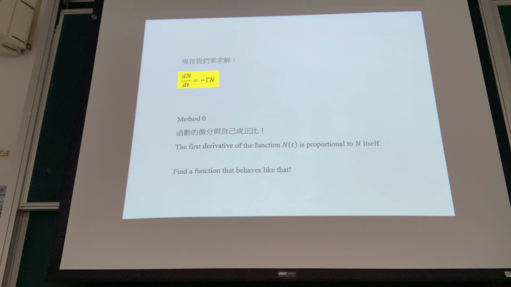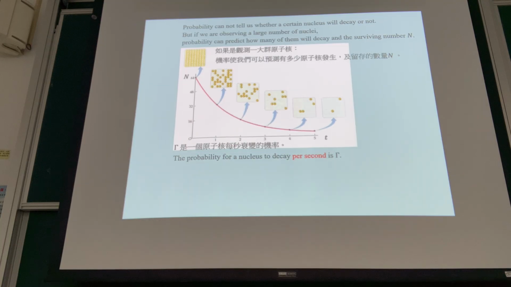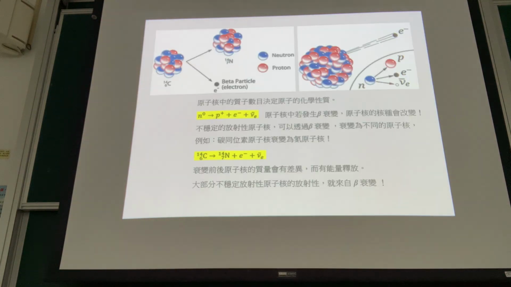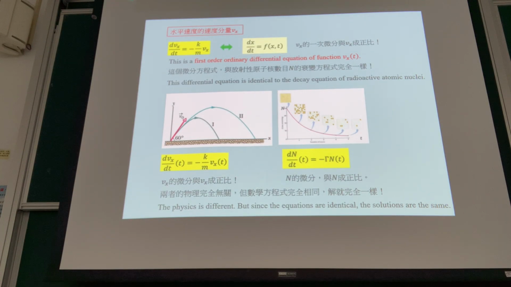Is that okay? So that's why this decay equation is the same equation we have for Vx, the horizontal velocity. Remember, again, we are talking about what we want to solve. The decay equation and the horizontal velocity equation are the same equation.